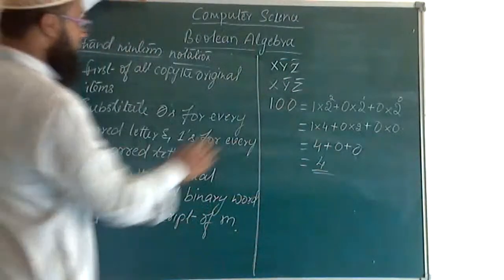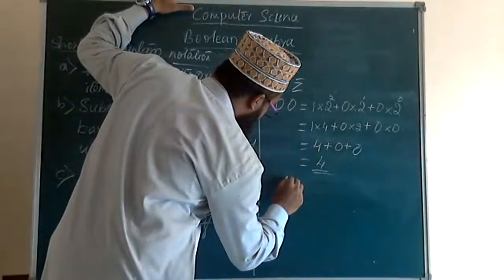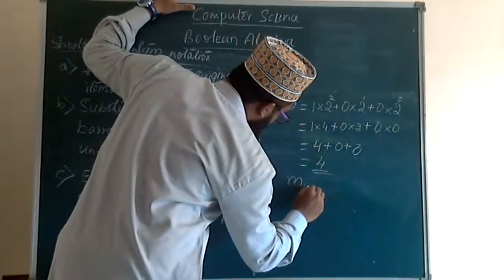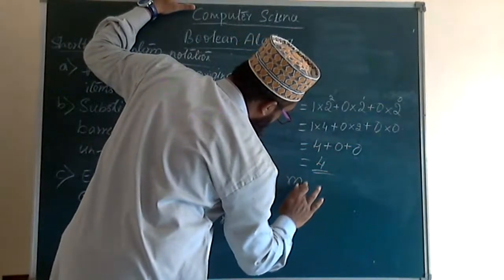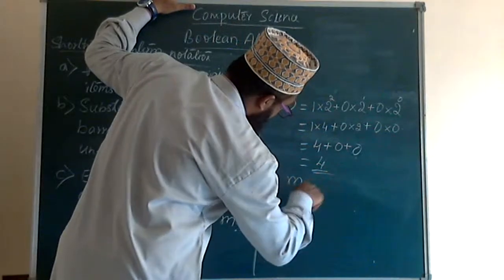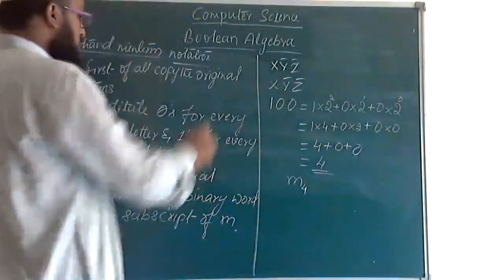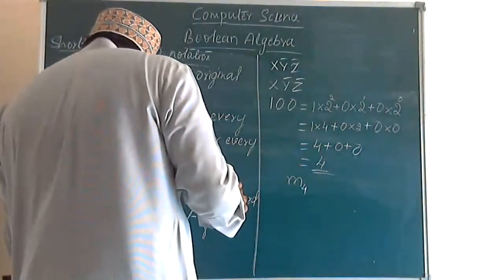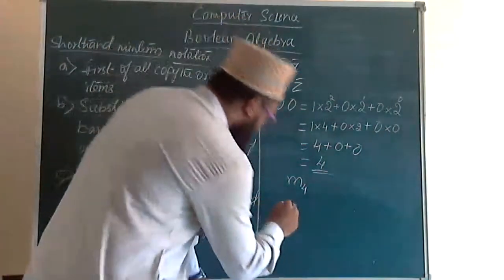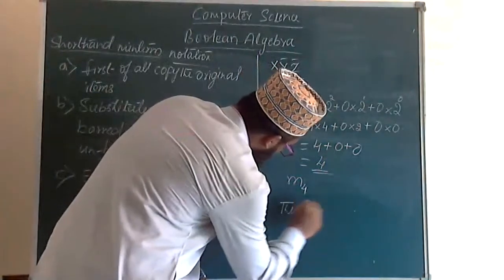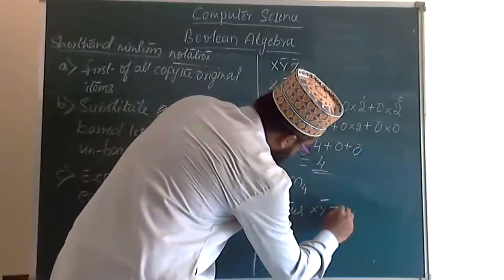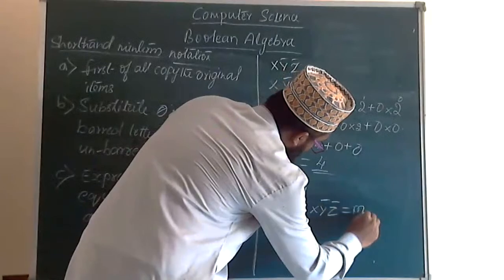So the shorthand notation of x, y bar, z bar will be written as m4, because the value we have got is 4. Thus x, y bar, z bar is equal to m4.